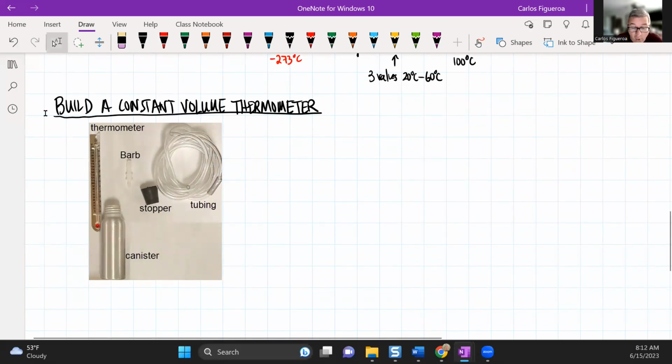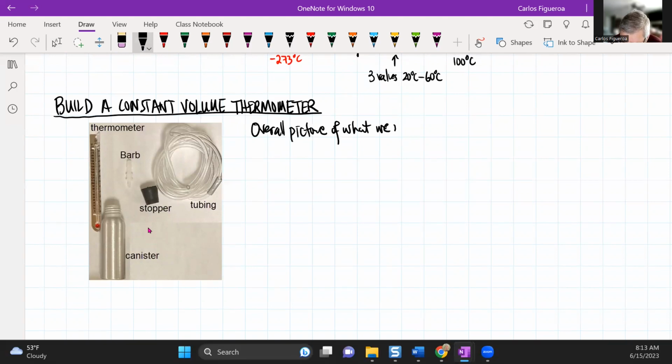So now what I want to do here is that I want to show you the overall picture. I want to draw the overall picture of what we want to do.